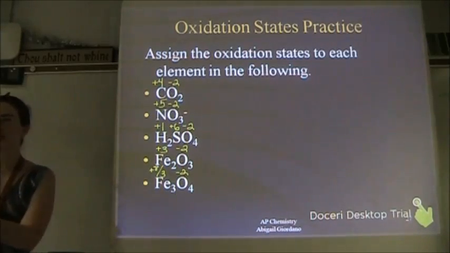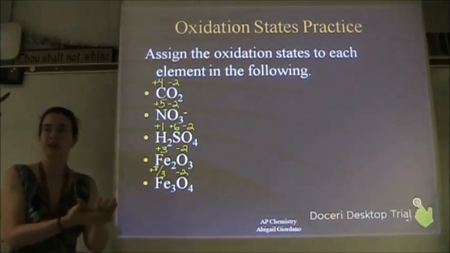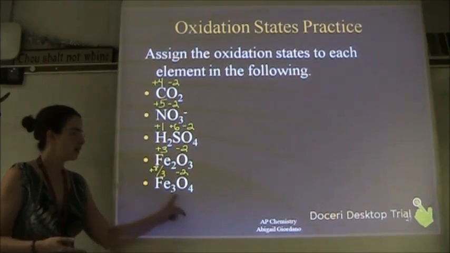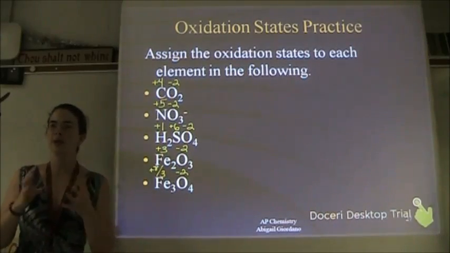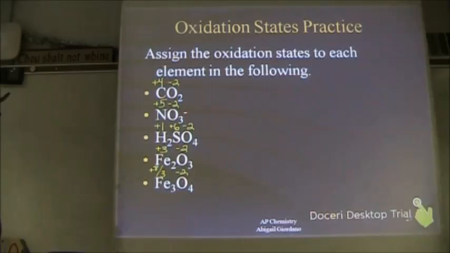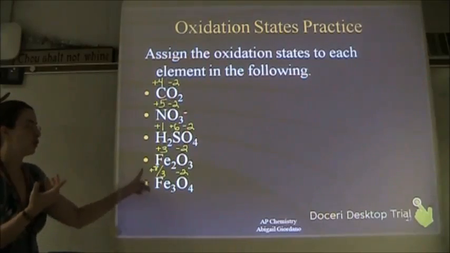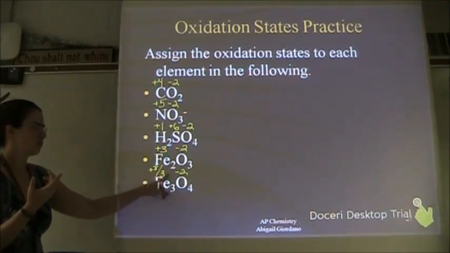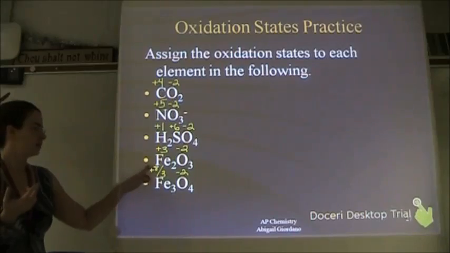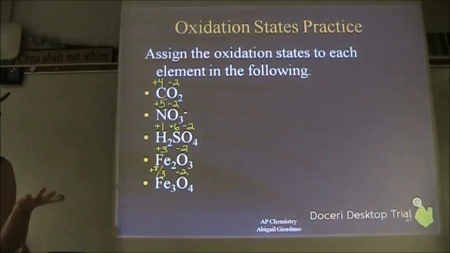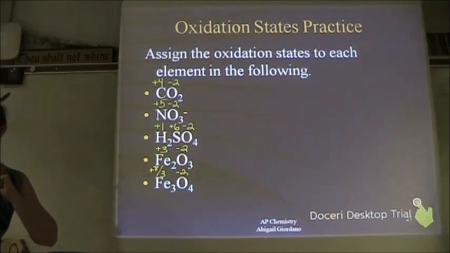Iron can have a +2 or a +3 charge. This is almost like a hybrid of the two. There's some FeO and some Fe2O3, and they are complexed together. So if you think about this, 8/3, divide that out. What do you get? Not an average, but like a hybrid between +2 and +3.